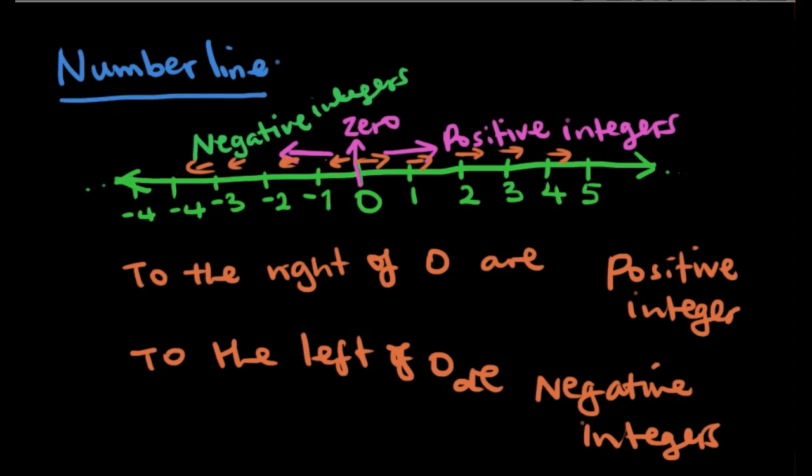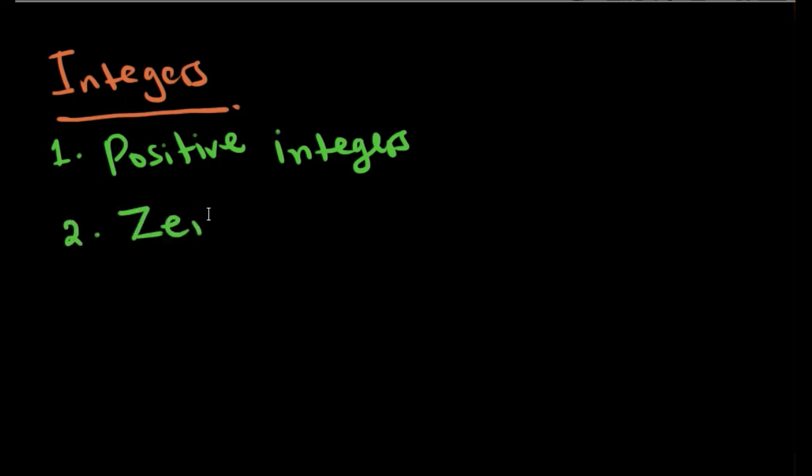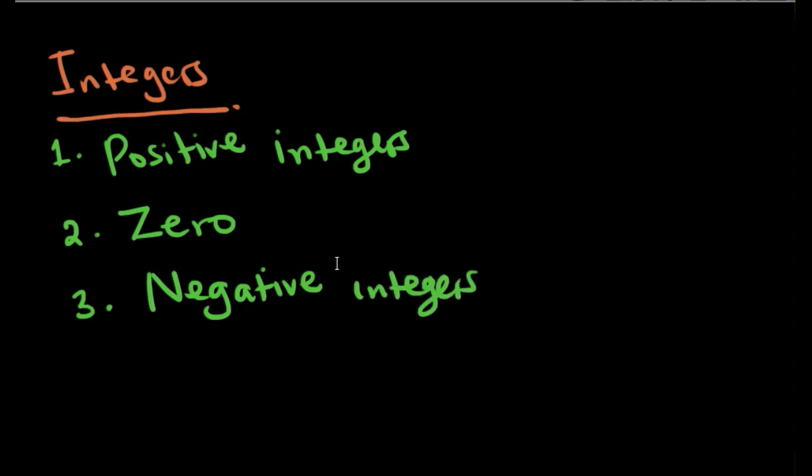So we can summarize this and know that when we talk about integers, number 1, we will have positive integers, and number 2, we will have a 0, and number 3, we have negative integers.